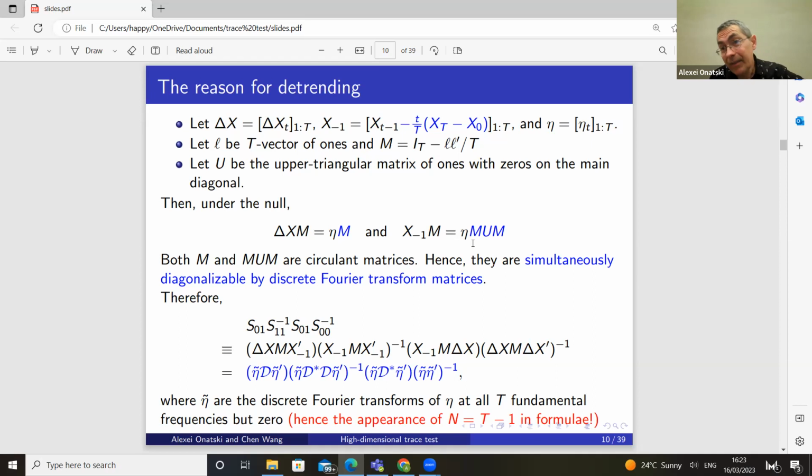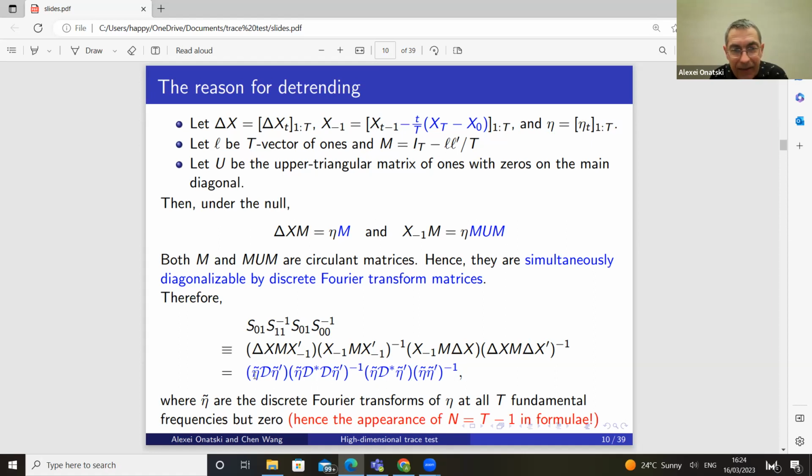So why is simultaneous diagonalizability good here? Remember, the eigenvalues that I'm considering are eigenvalues of this product of 4 matrices. And this matrix is actually just simple covariances and cross covariances between this and this. So if I simultaneously diagonalize this stuff, then I will be getting 4 matrices of very, very simple form.